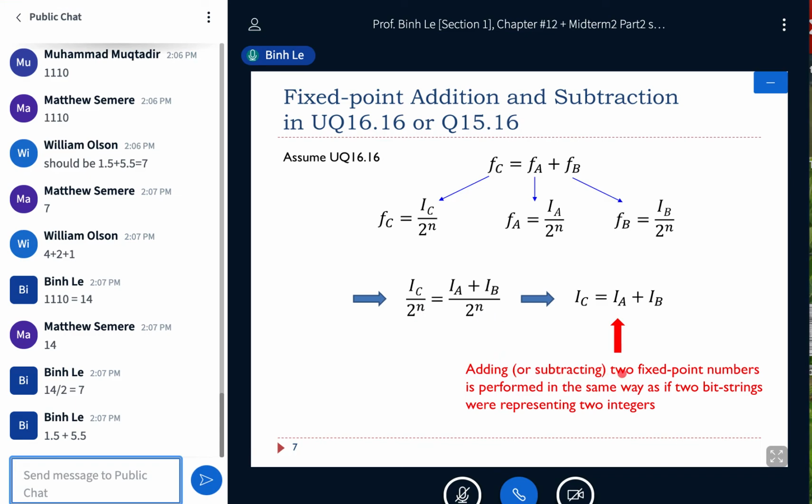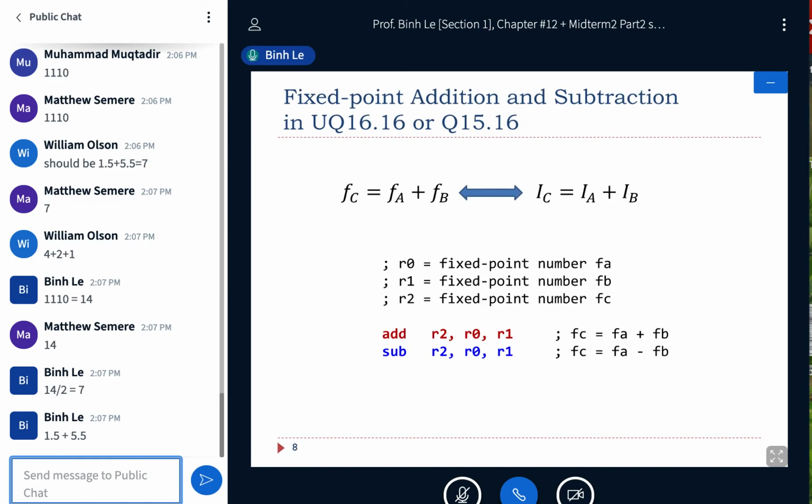So adding or subtracting two fixed point numbers is performed exactly the same way as if the two bit strings represented two integers. Wonderful. That's why it's so cheap to use a fixed point representation to do real number calculation, because the hardware just thinks you are dealing with integers.